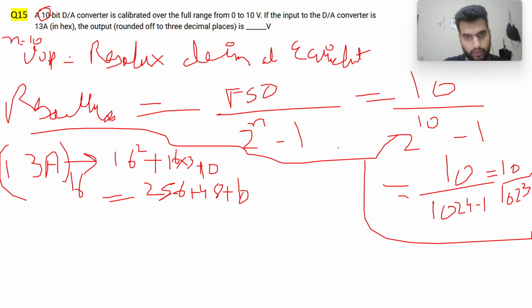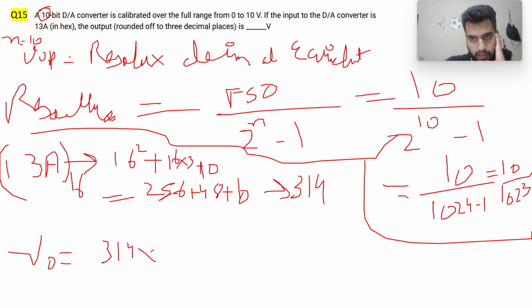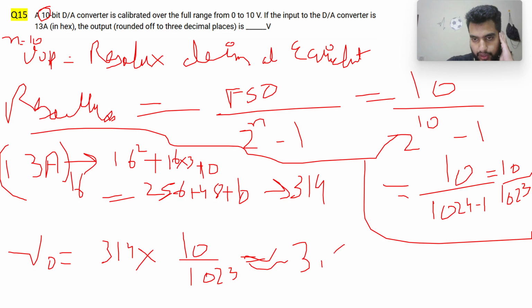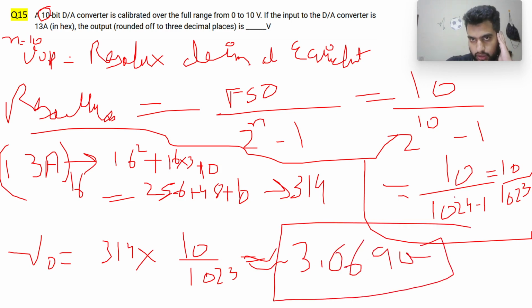So your decimal equivalent is 314. Your output is simply equal to 314 multiplied by 10 by 1023. This is approximately, rounded to 3 decimal places, 3.069 volts. So your answer is 3.069. You were on the right path.